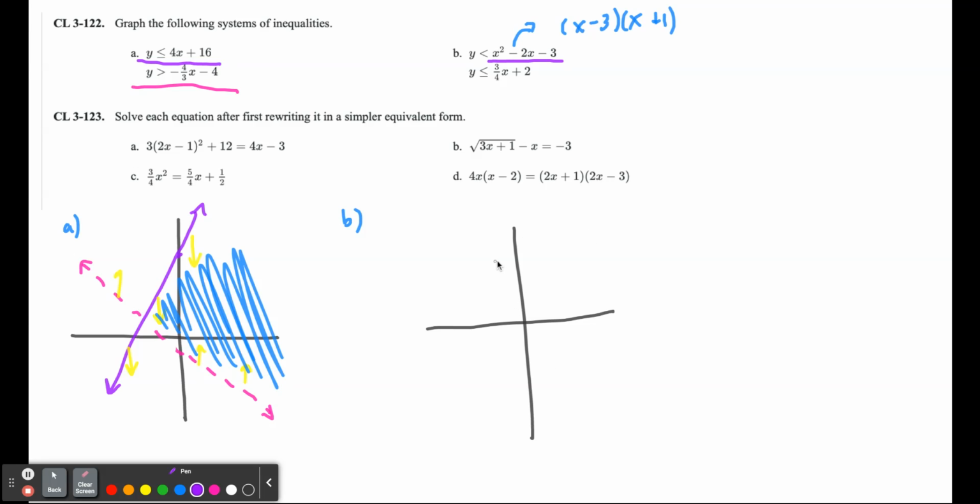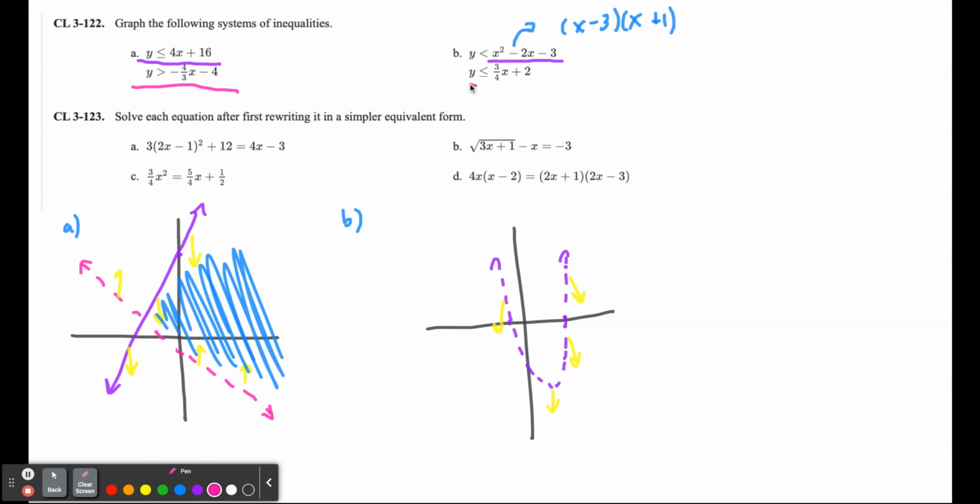So let's say here it's negative 1, say that's 3, and then we want to do dotted. And it says less than, so we're going to be shading below.